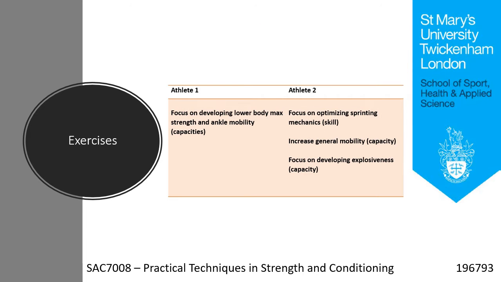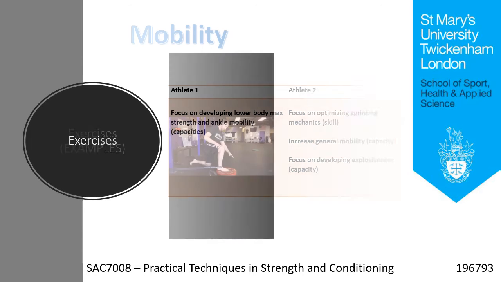As to what to do with both athletes, this table shows that athlete number 1 needs to focus on developing lower body max strength and ankle mobility. And athlete number 2, even though he also lacks some capacities like explosiveness or mobility, should also optimize sprinting mechanics.